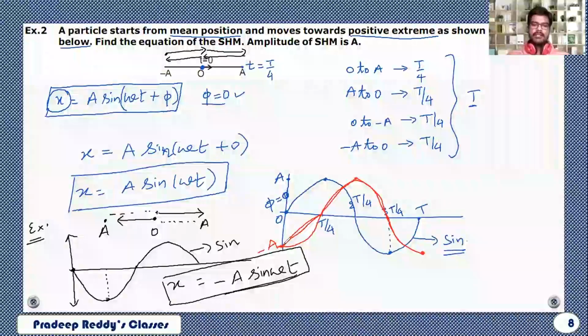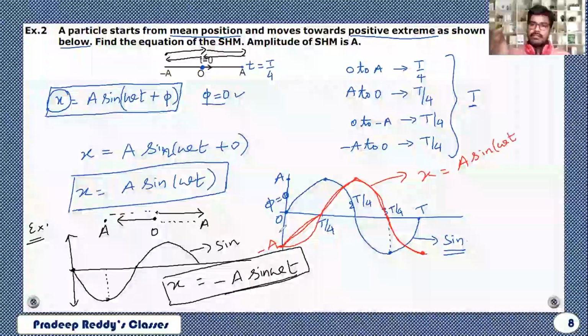So if the particle starts from negative a, then in such case how do you represent this graph? You can represent this graph as x is equal to a sine of omega t. The particle is not starting at mean position, it is starting at extreme position, that too negative of mean position. So at negative extreme position it is starting.